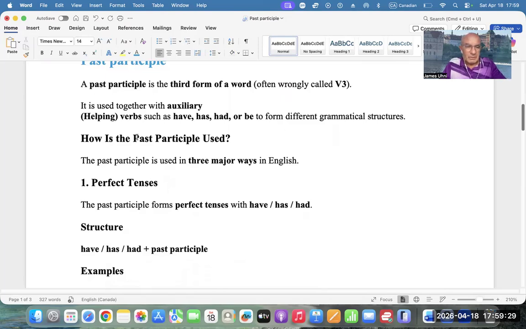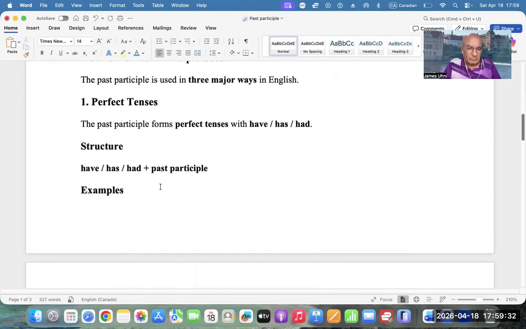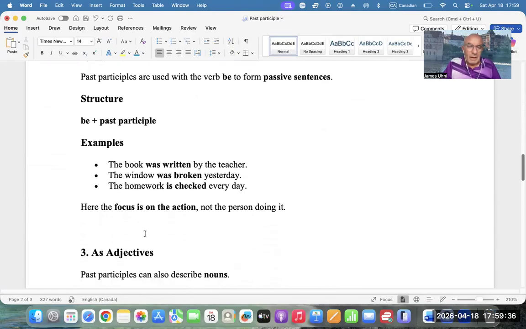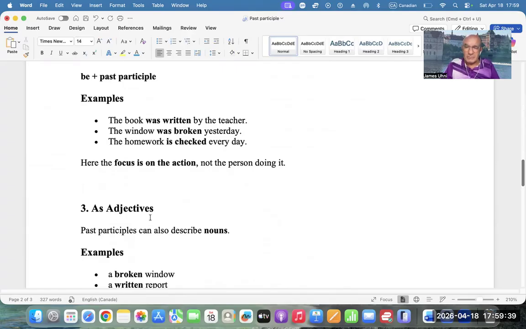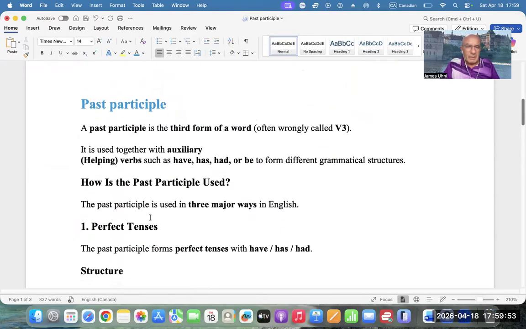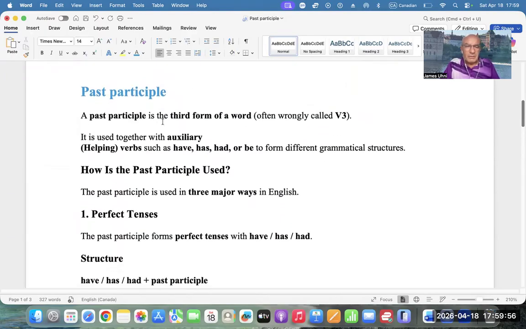We use past participle in perfect tense, in passive voice, but also as adjectives. And then there is a more complicated situation, that the past participle is important in English grammar. So before we get to that, let me explain. Again, past participle is the third form of a word, often wrongly called verb 3.